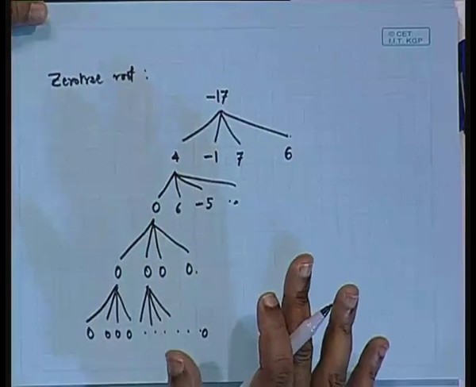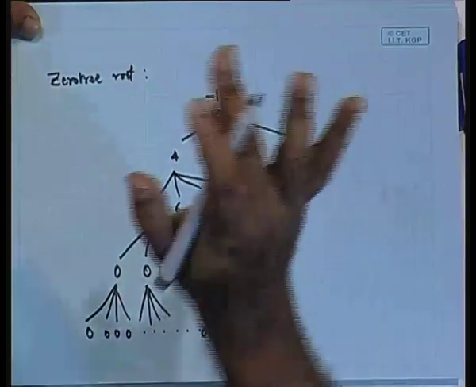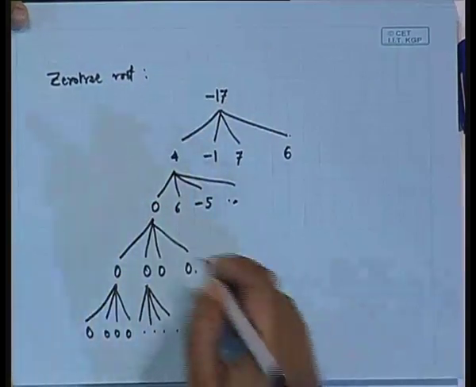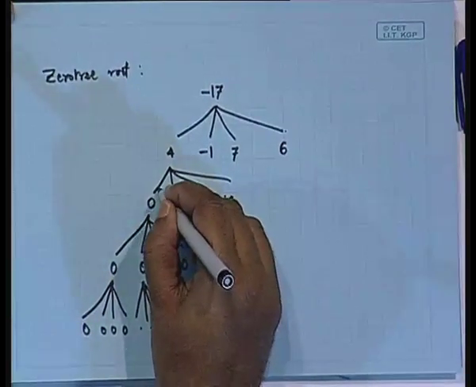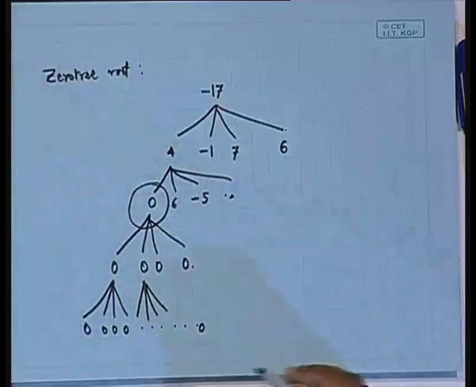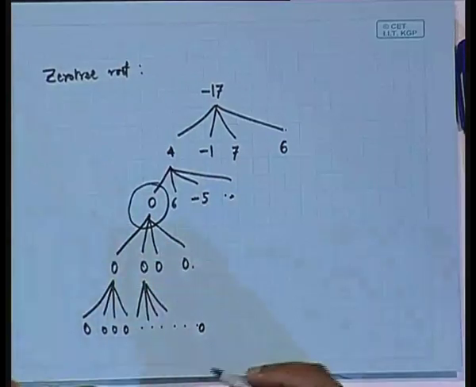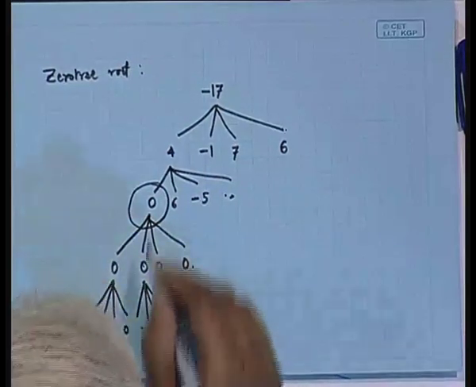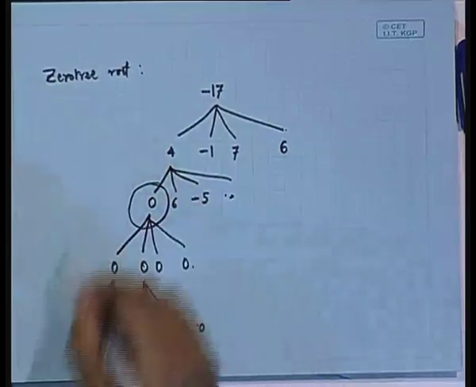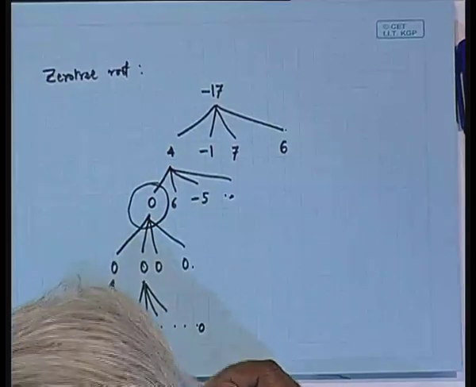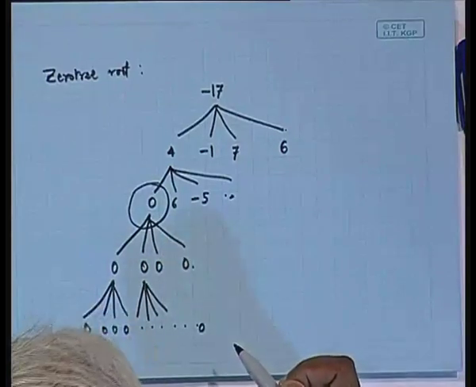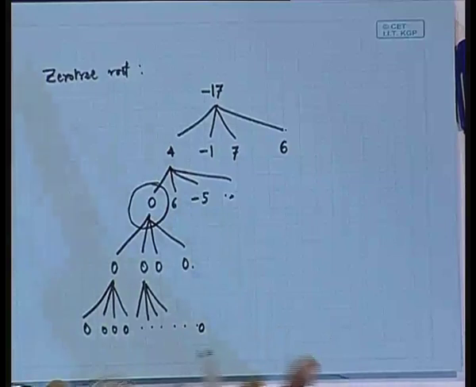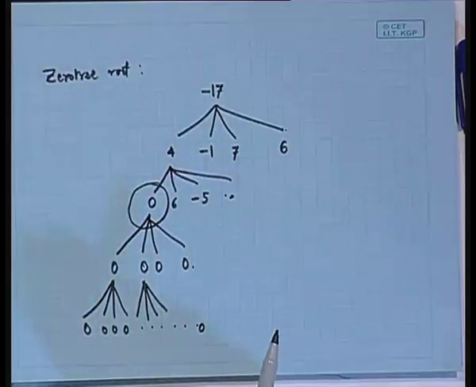Now, how that insignificance is decided, that part we will come to very shortly, but in this kind of a situation, we would say that this particular node forms a zero tree root, because beyond this there is a zero tree which is formed like this, and this is a zero tree root. Now, zero tree root means that its value is 0 and all the descendant values are 0.